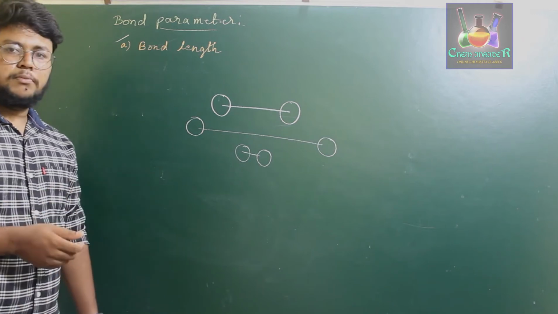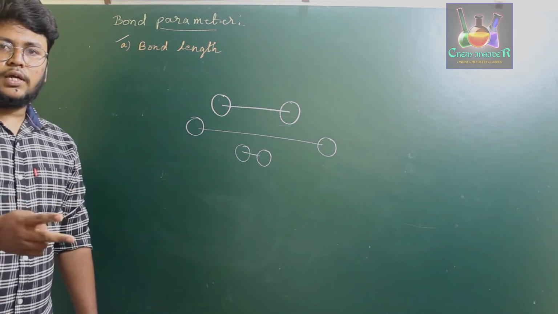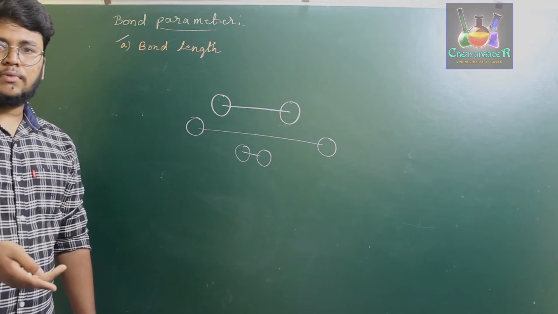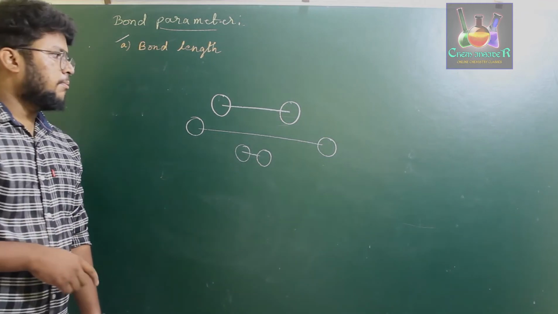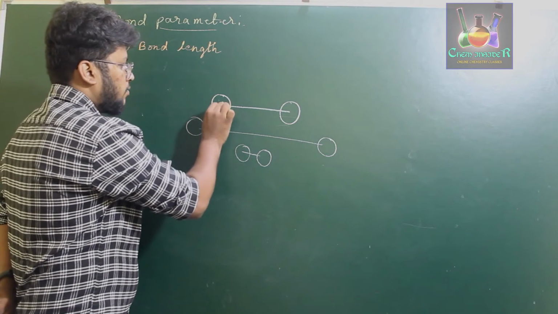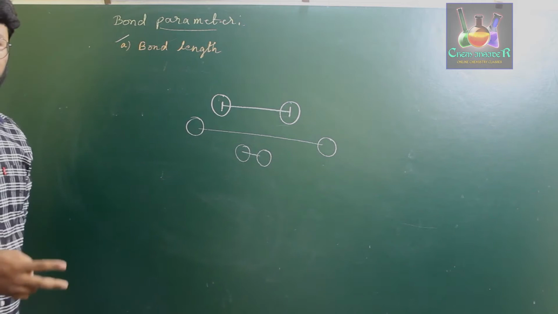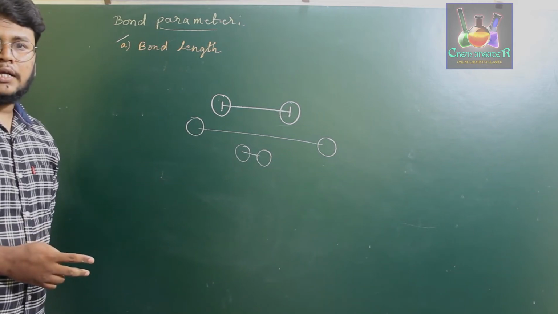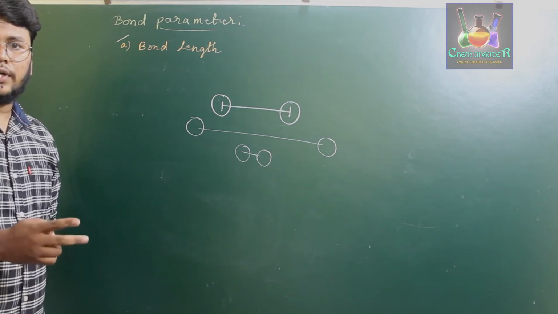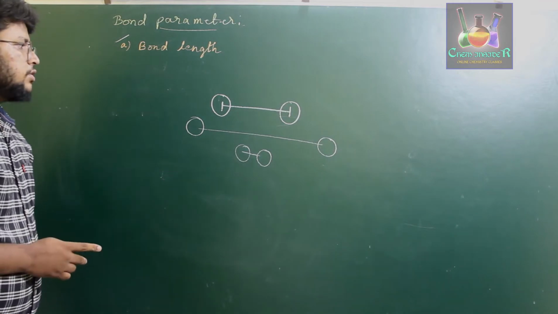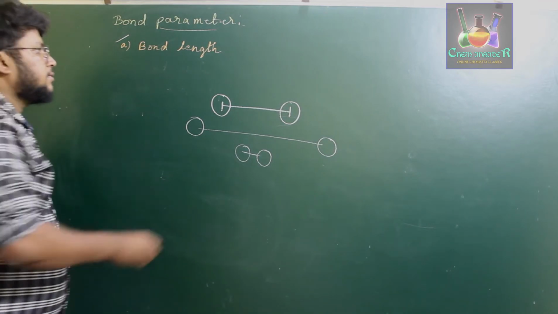Bond length is the equilibrium distance between 2 nuclei held by a bond. So that is what bond length says.